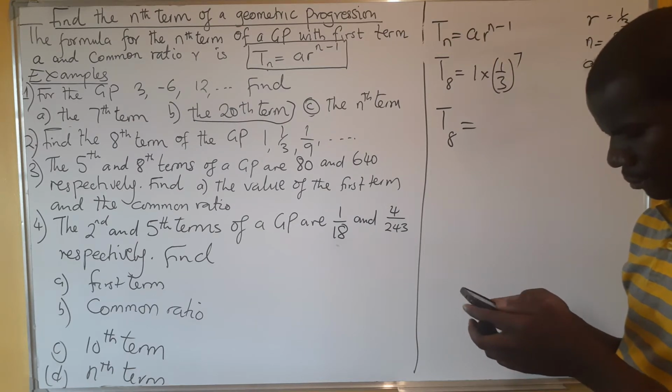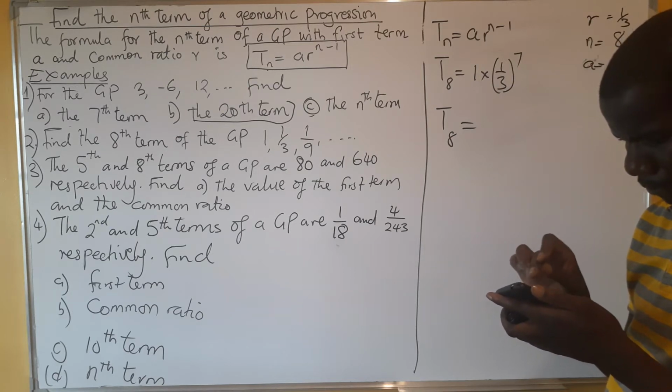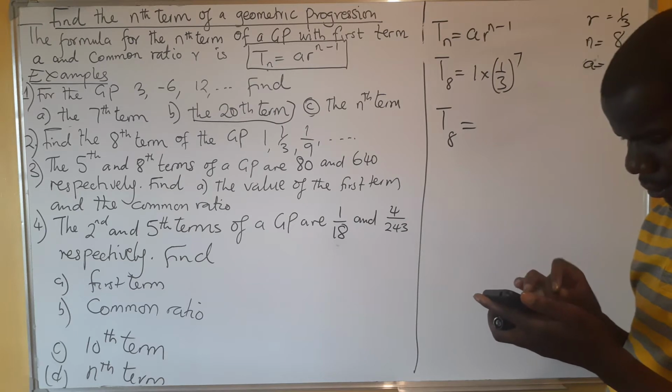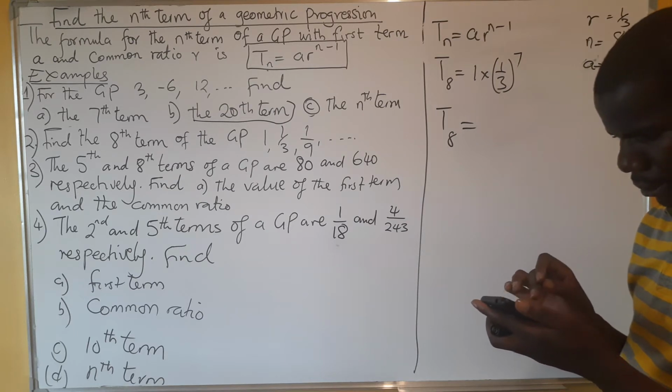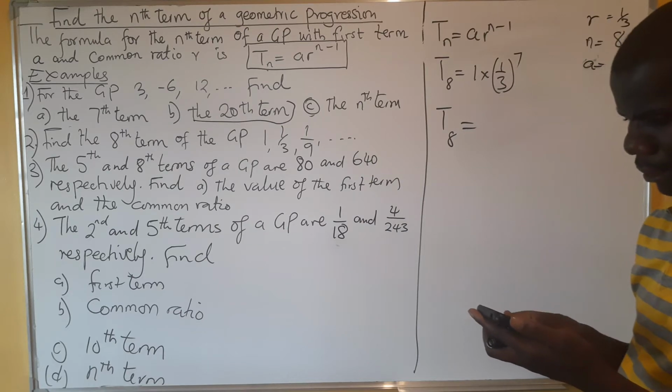1 over 3. We close, then we say 7. Okay?